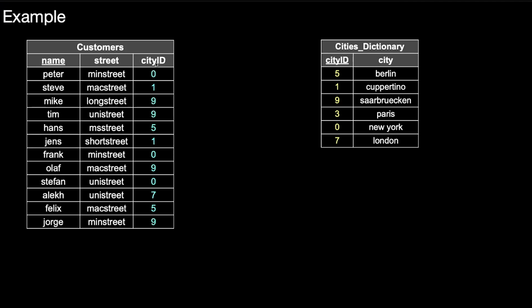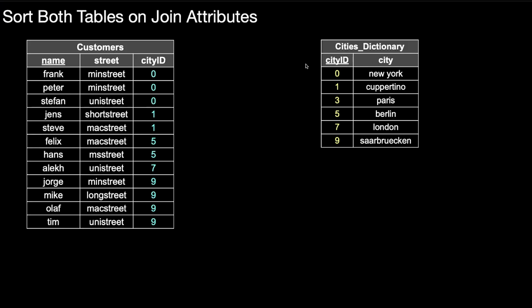I will do that using a sort-based algorithm called sort merge join. To execute that, the first thing I do is sort on city ID. So customers has to be sorted on city ID, and the cities dictionary has to be sorted on city ID. That's what you see here. Now it's sorted. Whether it's ascending or descending doesn't matter. It just has to be the same sort order in both relations.